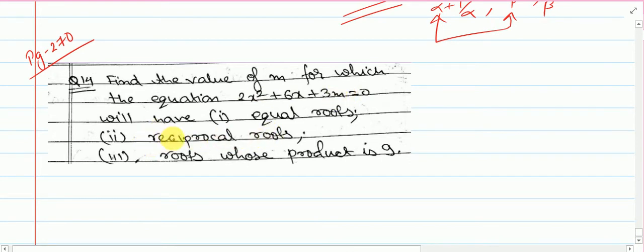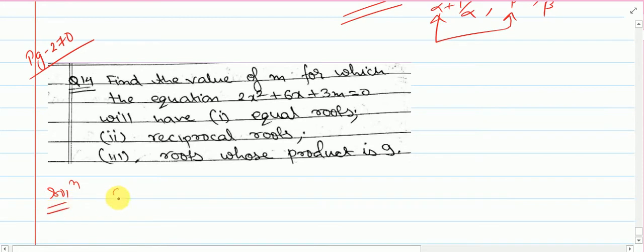Secondly, suppose that roots are reciprocal. And third, you have to find the value of m if the product of the roots is 9. Okay, so let us see.